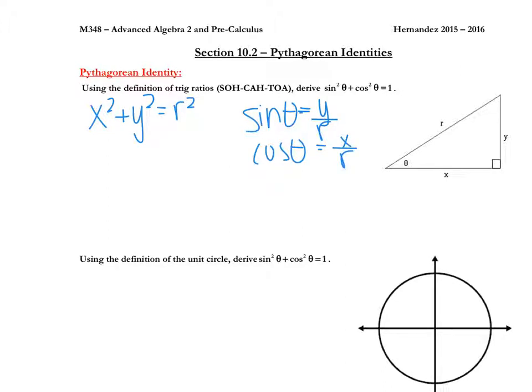Okay, so using that, we can do (x over r) squared plus (y over r) squared equals 1, because remember that on the unit circle, r equals 1. So then go ahead and simplify this.